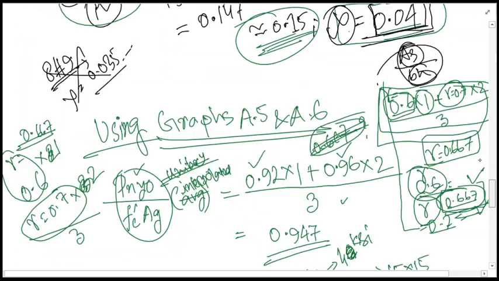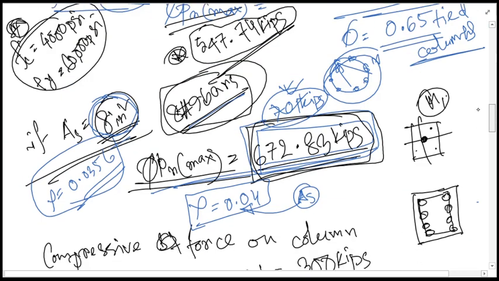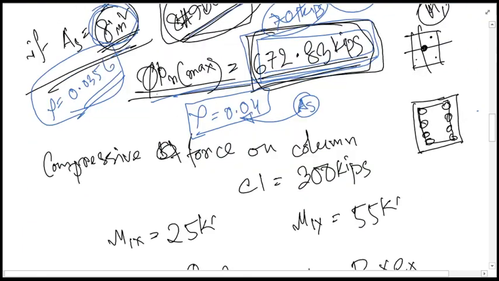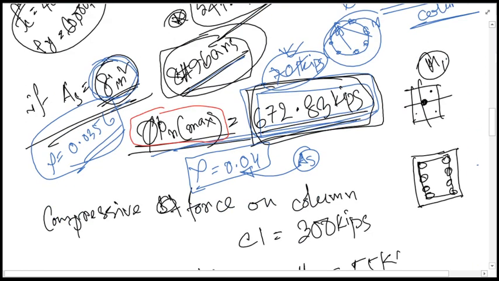And the similar value you might be obtaining, as I have shown earlier, in this particular equation. So the phi Pn max will be 701 kips in your case, if you have used As in such a manner that rho would have been equal to 0.04.